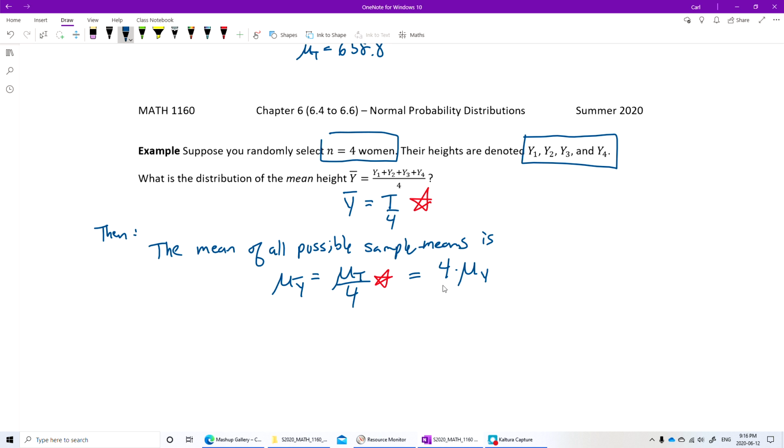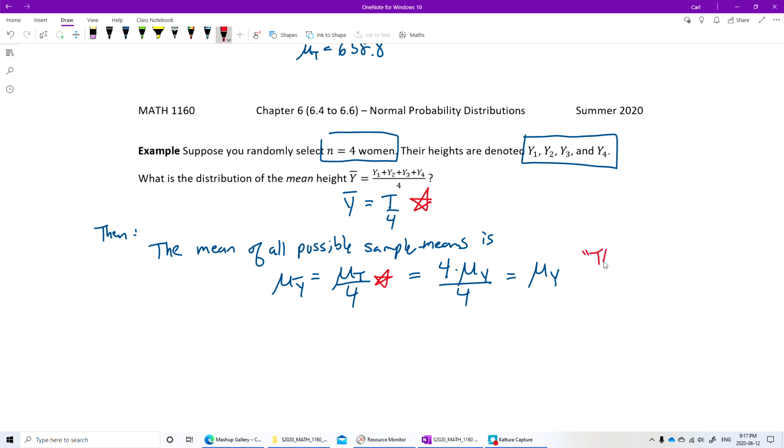And then I have to divide it by 4 there. So what happens is these 4s just cancel out. So what I have at the end is that the mean of the sample means is the mean, right? The mean of the sample means is the mean.